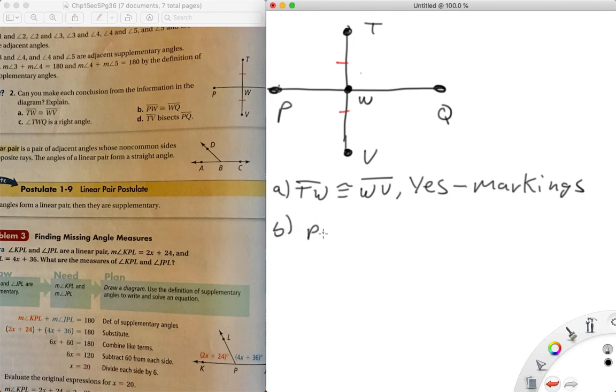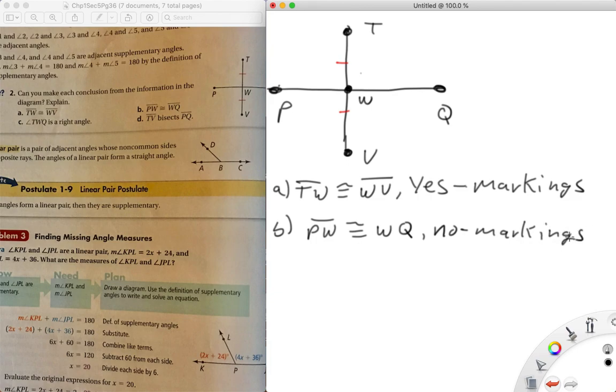Can I say that segment PW is congruent to segment WQ? And the answer to that is absolutely not. So TW and VW had that marking. PW and WQ does not. So I don't have any markings to tell me that they're congruent.